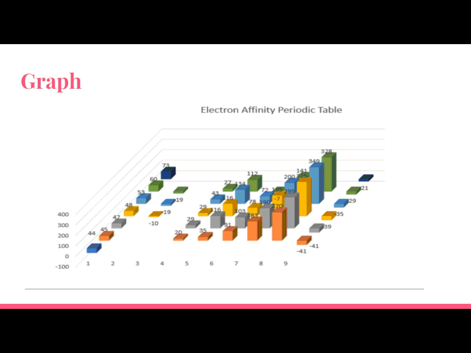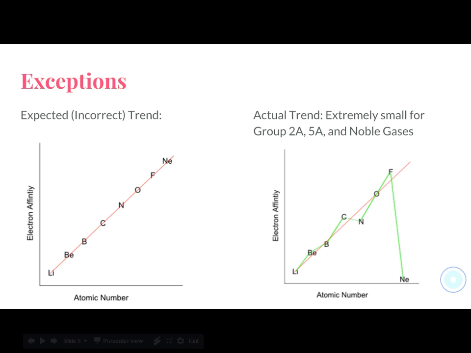If you look at the exceptions, you would expect it to keep going up across the period, but the actual trend is that, for example, nitrogen's electron affinity is lower than carbon's, and then if you look at neon, it's very small, and beryllium is also supposed to be really small.